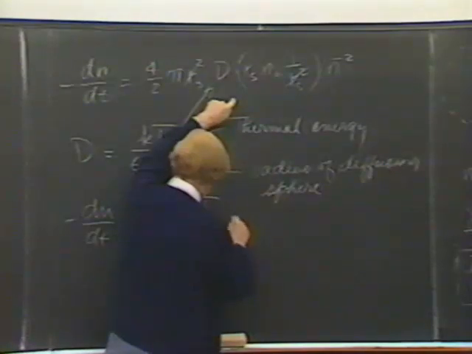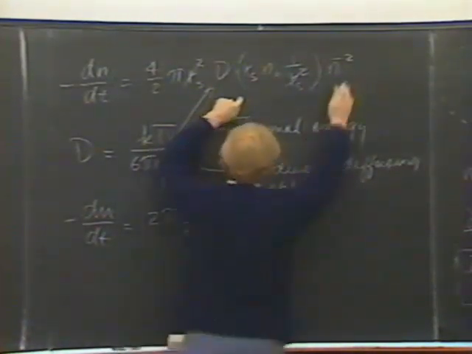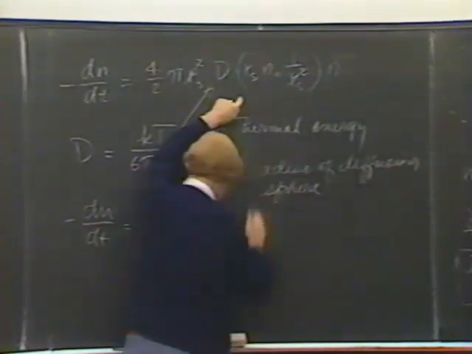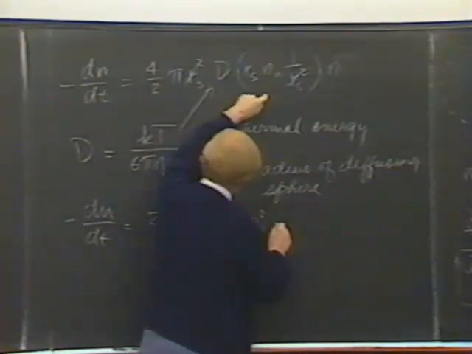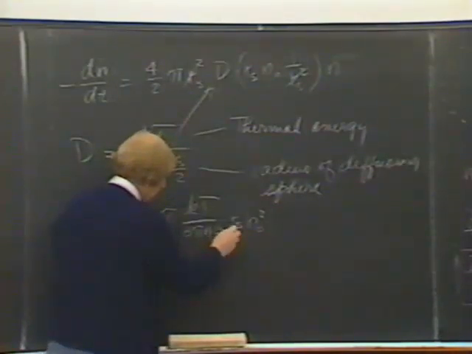There's an n0, times n0, I'll square it here. So that this cancels, and we have 2, and this is what makes this 1/3.